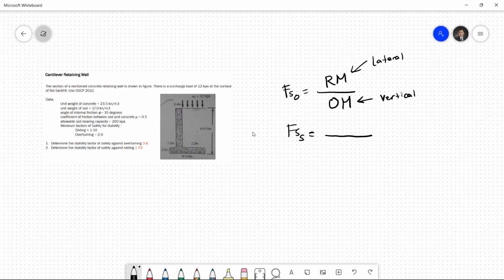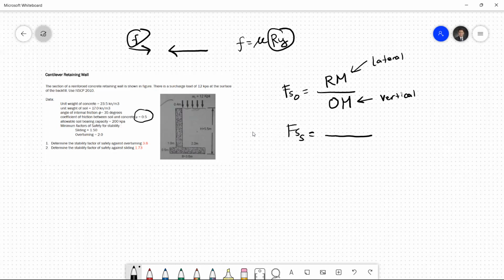Then the factor of safety against sliding is equal to the friction over the lateral force. So how do we get the friction? Based on physics, the friction is the normal force multiplied by the coefficient of friction. Since we have the coefficient of friction as mu, our frictional force is equal to mu Ry, where Ry is the total vertical forces.